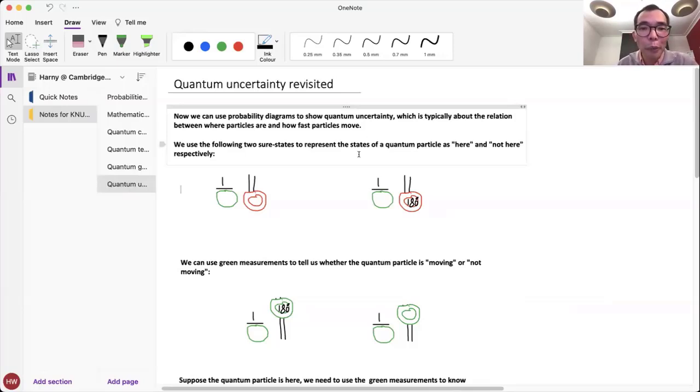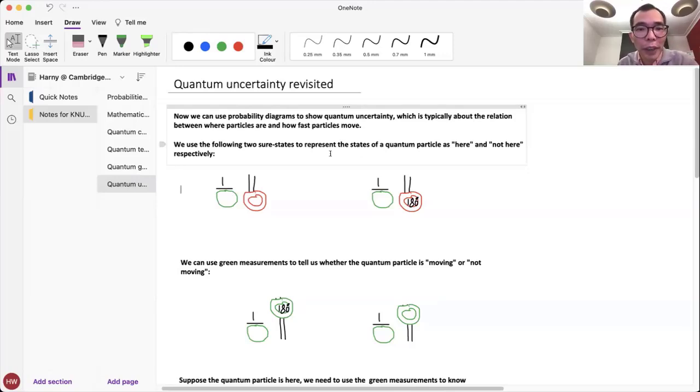So now we want to use diagrams to depict this quantum uncertainty. So how do we do that? Let's look at a simple case.